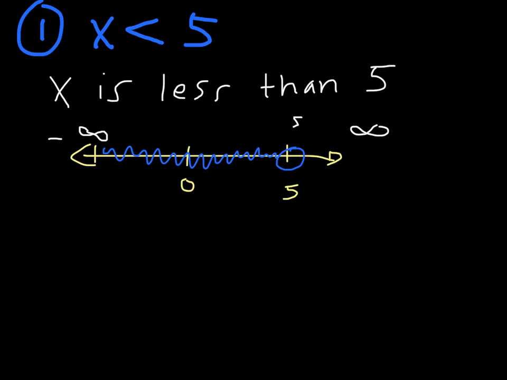The interval notation goes from negative infinity to 5, separated by a comma. Since it's not quite getting to 5, it's everything that's less than but not equal to, we put a parenthesis there, and since it'll never get to negative infinity, we also put a parenthesis on that side. So I have parenthesis, negative infinity, comma, 5, parenthesis.